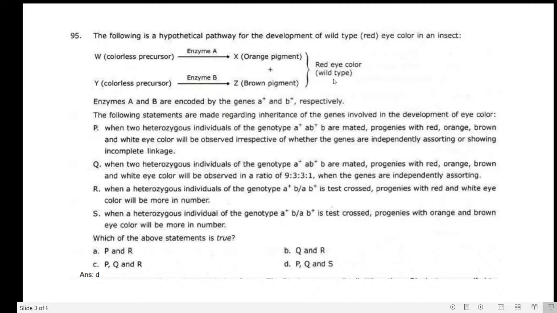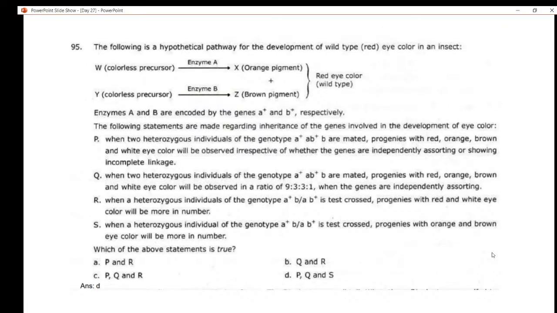The enzymes A and B are encoded by genes A plus and B minus respectively. The following statements are made regarding the inheritance of genes involved in the development of eye color.